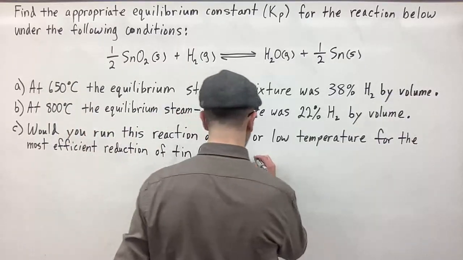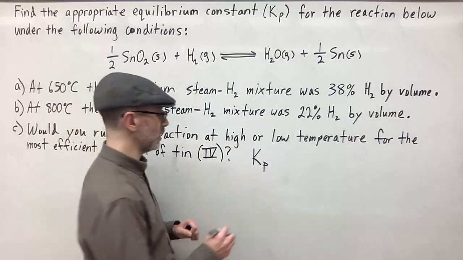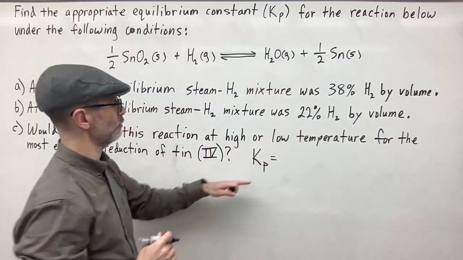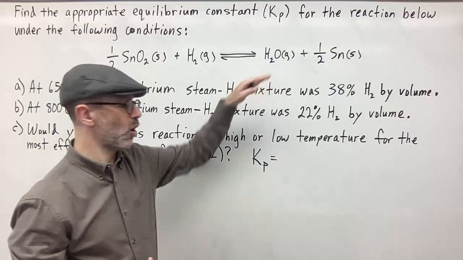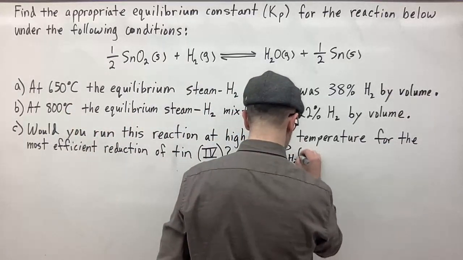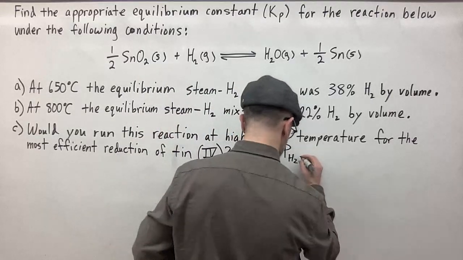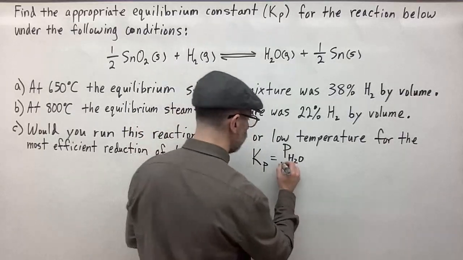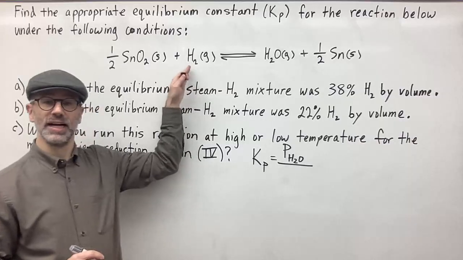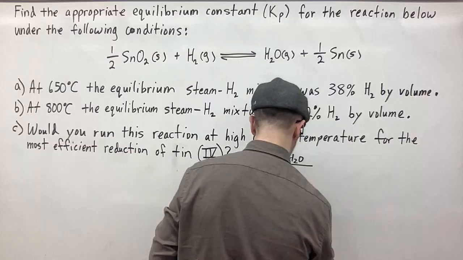So the Kp expression is going to be: Kp is equal to the concentration or pressure. In this case, since we're looking for Kp, it's going to be the pressure of the water vapor, right? So P of H2O, the partial pressure of H2O, on the top, and then we have hydrogen as a reactant, that's going to go on the bottom, so the partial pressure of H2.